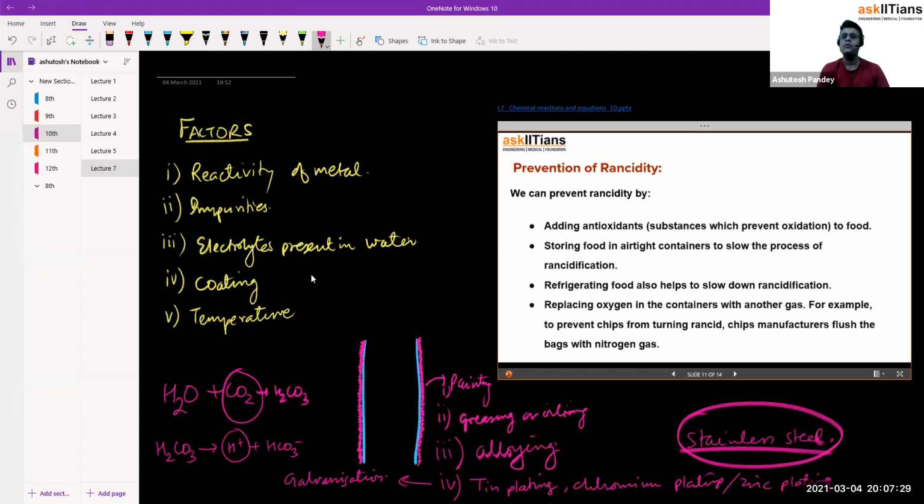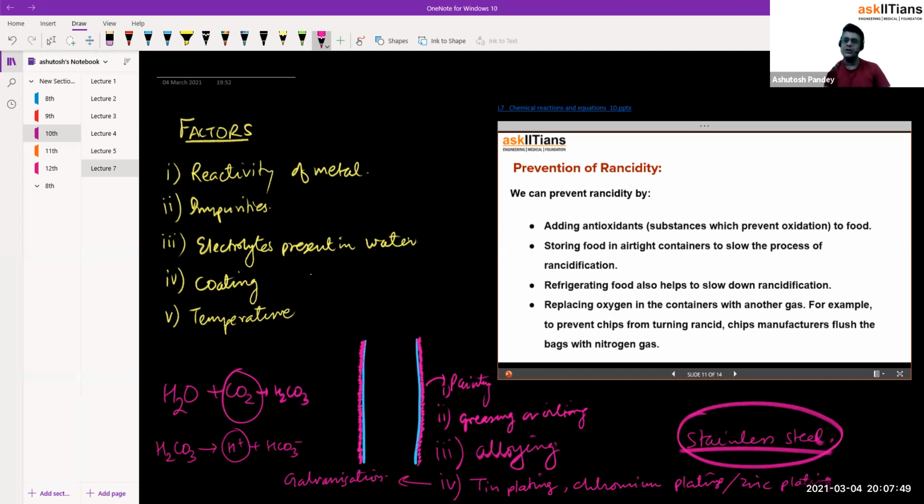And how can we prevent rancidity? We can prevent rancidity by adding antioxidants. Antioxidants are substances which reduce the speed of oxidation, or prevent the oxidation of the food.